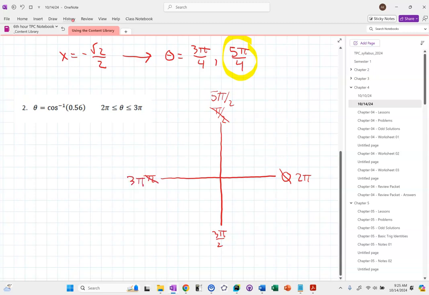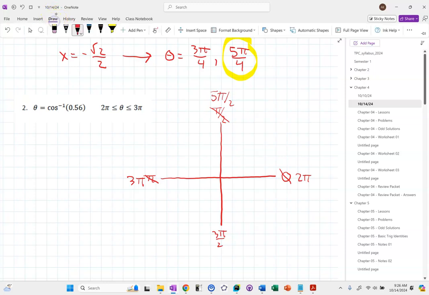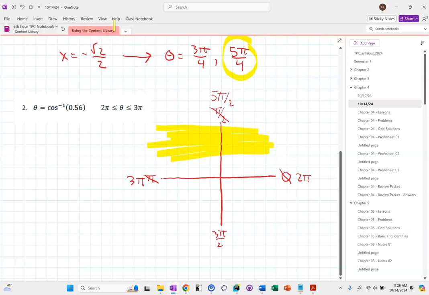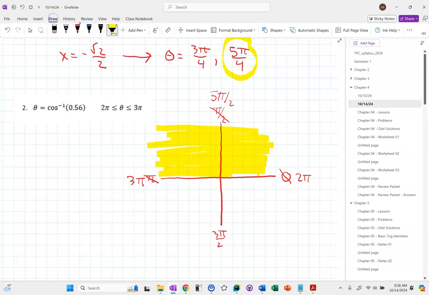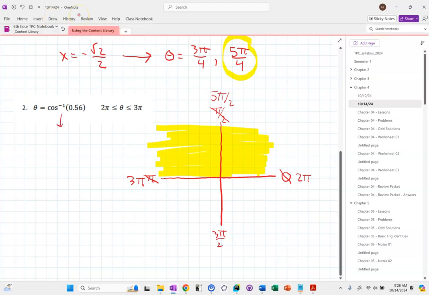Notice as I'm going around, I'm crossing out the old one and replacing it with the new one. So the section of my XY axis that's between 2 pi and 3 pi is quadrants 1 and 2, right? So far, so good? The next piece is, I notice that since the 0.56 is positive, we're interested in where cosine is positive.